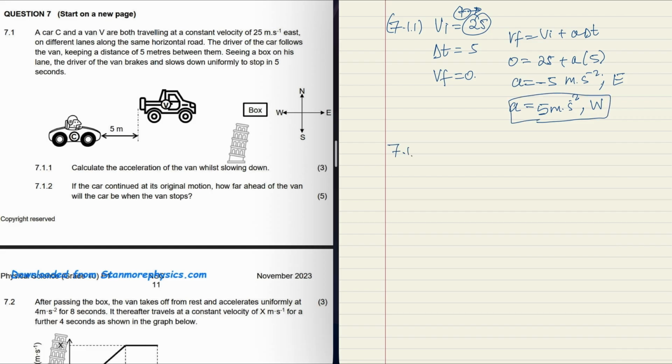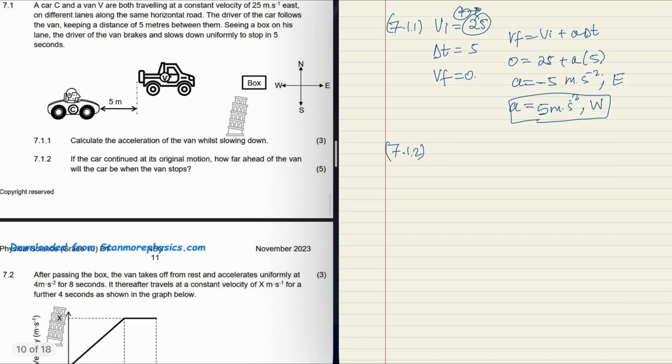Question 7.1.2, if the car continued at its original motion, how far ahead of the van will the car be when the van stops? So in other words, they want to know, in the 5 seconds, where is the car going to be? So let's work that out. Let's go with the car first.